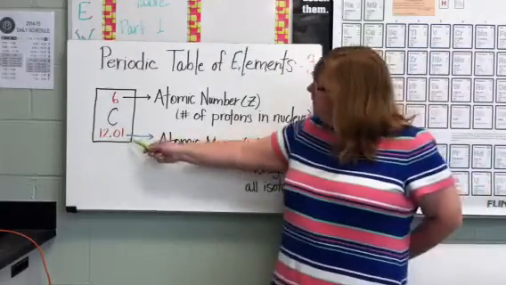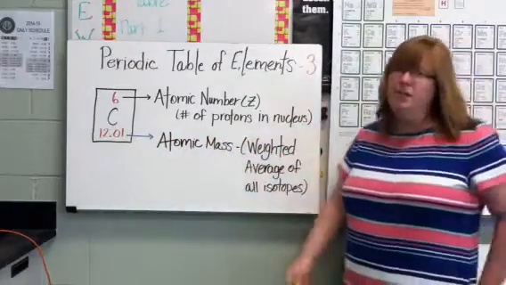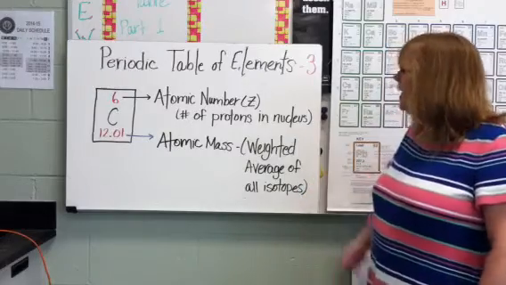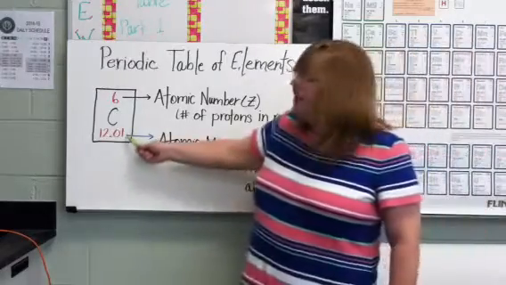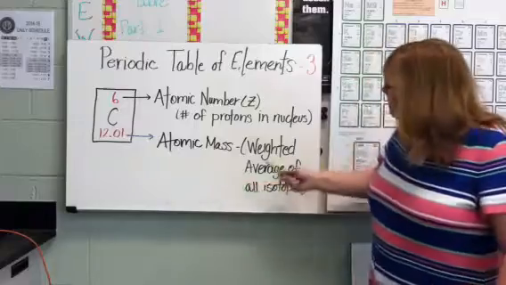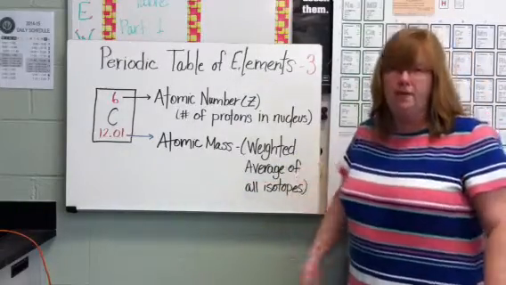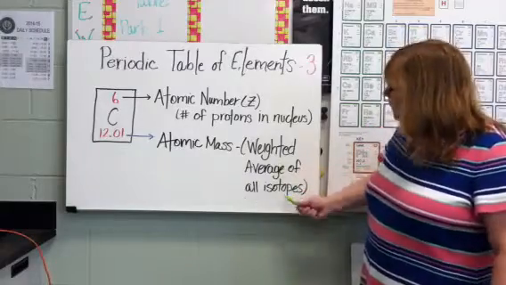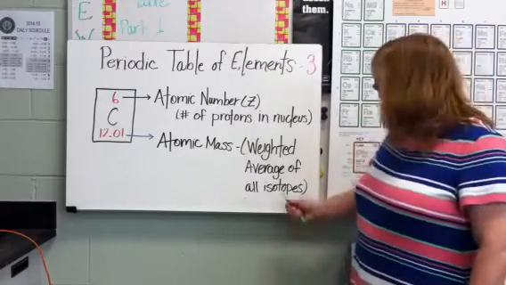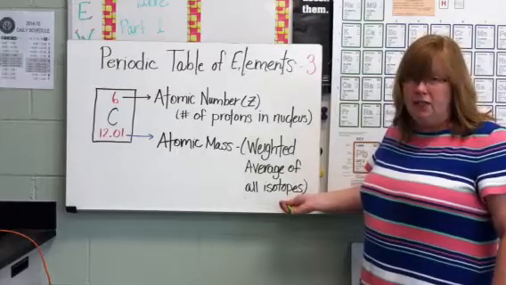The number below the symbol is called the atomic mass. You may hear it called atomic weight, and it's generally not a whole number. That's because it's a weighted average of all the different forms of carbon that are out there. Those different forms, and we're going to spend a lot of time talking about them, are called isotopes.